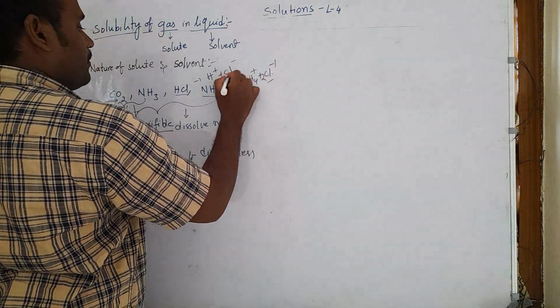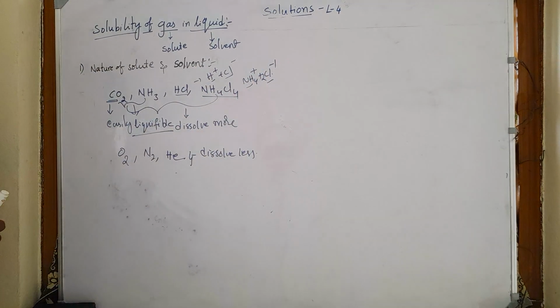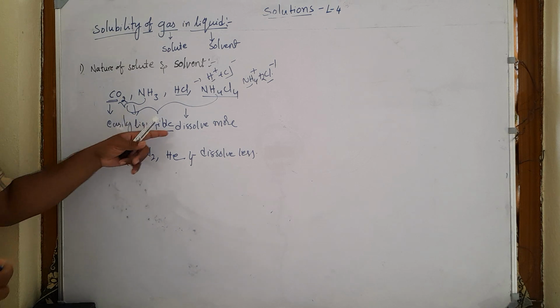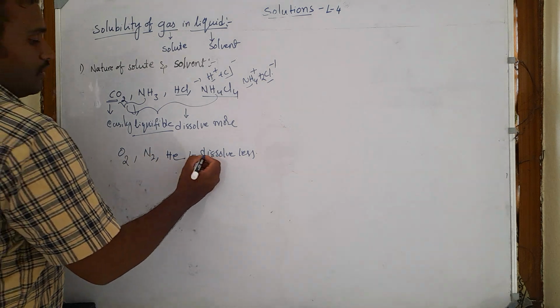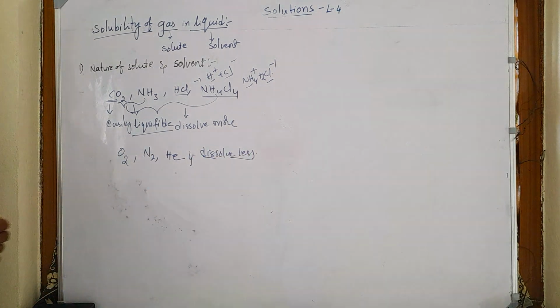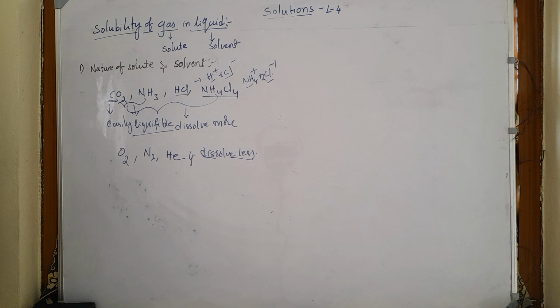Like that they form ions and are easily liquefiable gases. Hence, they easily dissolve in water. Whereas O2, N2, helium are going to dissolve in less quantity. So that is the nature of solute and solvent.